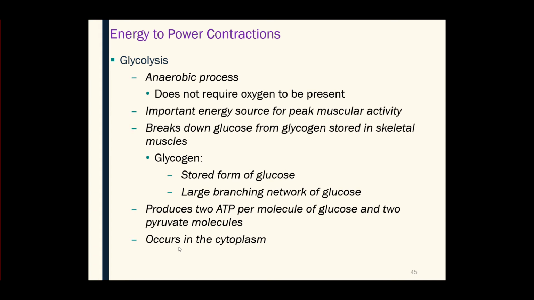When we rely on this in the muscle is when we do peak muscular activity, right? When you're giving it your all, let's say you're really pushing yourself during a workout or some type of competition, right? You're giving it your 100%. This is where we get ATP to do this peak muscular activity. Now, the fuel that we break down to do glycolysis is actually going to be glucose.